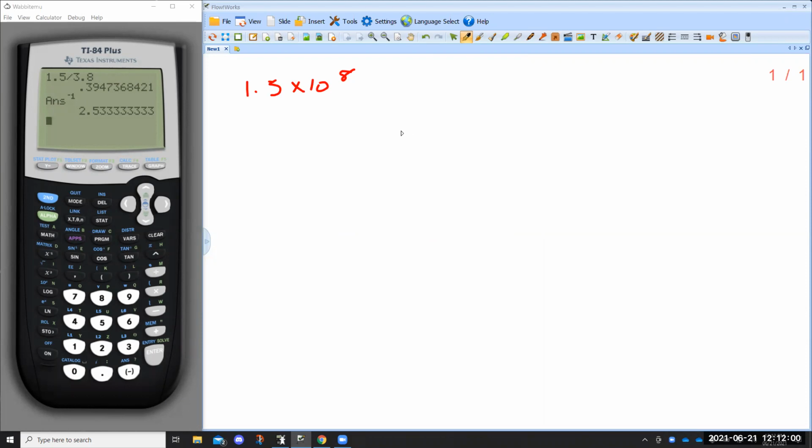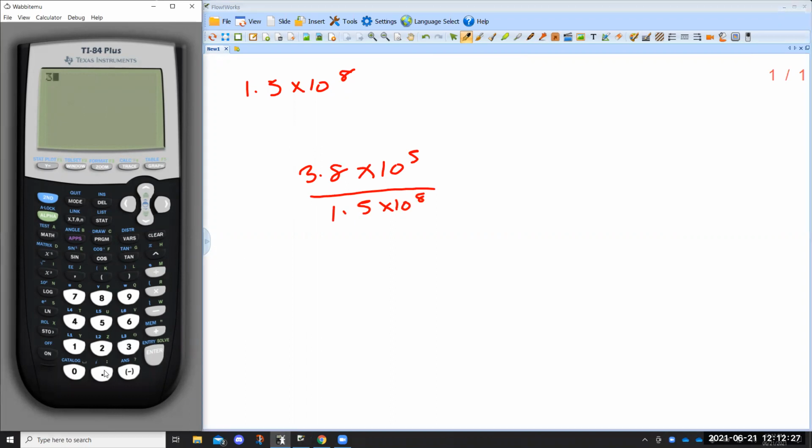All right. So let's see how many little ones we have in the big one, or no, how many big ones we have in the little one. So that's what I did backwards. So let's do this. This is 3.8 times 10 to the 5th divided by 1.5 times 10 to the 8th.